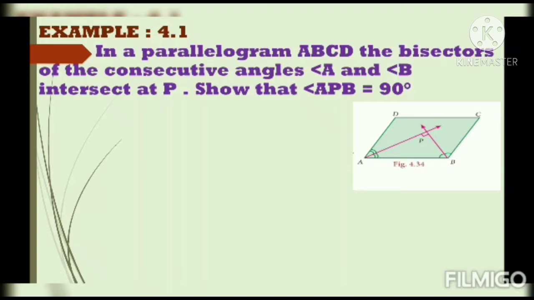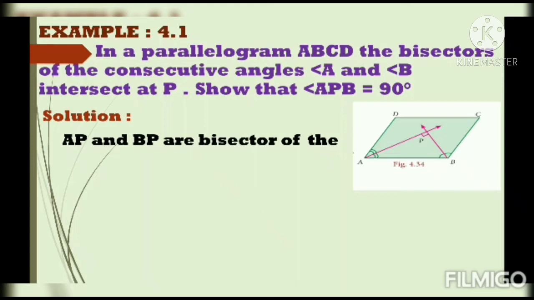ABCD is a parallelogram here and consecutive angles A and B are here. Also, the bisectors of angle A and angle B are here. They intersect at P, isn't it? So, we have to prove angle APB equals 90 degrees. Okay, shall we start?